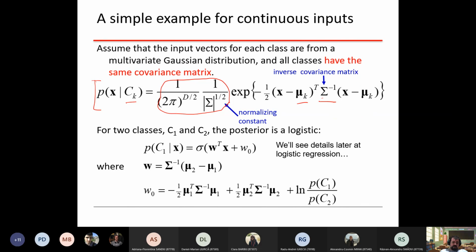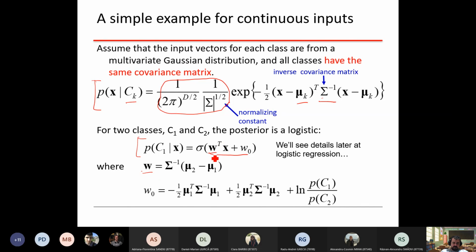Now, if we have only two classes, then the posterior is given by the logistic we just saw earlier. So we have P of C1 given X is the sigmoid of a that in our case is W transpose X plus W0. We'll come back to this sigmoid a bit later when we talk about discriminative models.